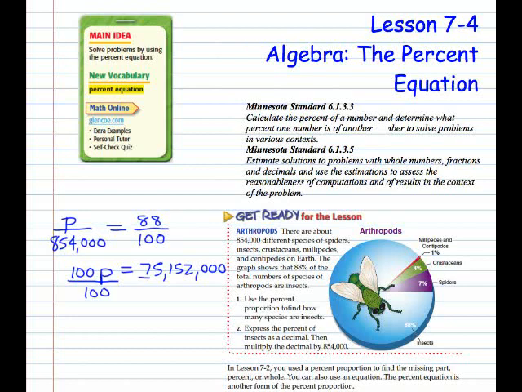If we divide both sides of the equation by 100 to isolate the variable, we find that p equals 751,520 species.